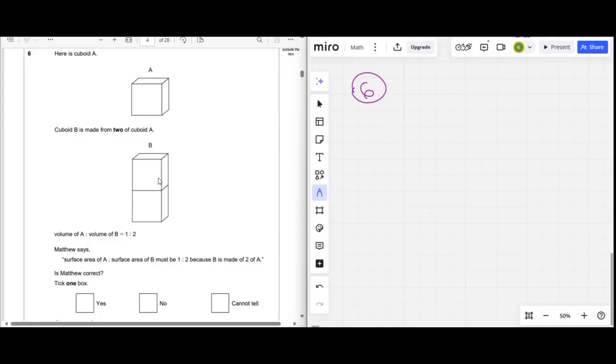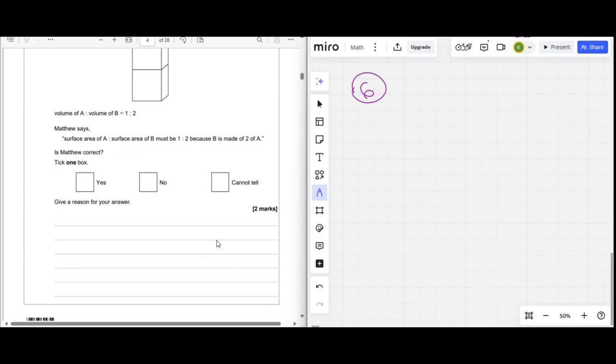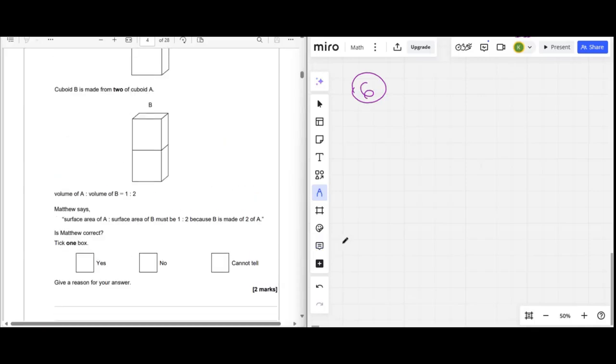Yes, volume. Matthew says that the ratio of the surface area of A to the surface area of B must be the same, must be 1 to 2, because B is made of 2 of A's. Is Matthew correct? Yes. No.